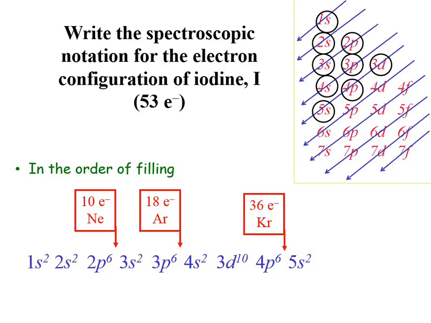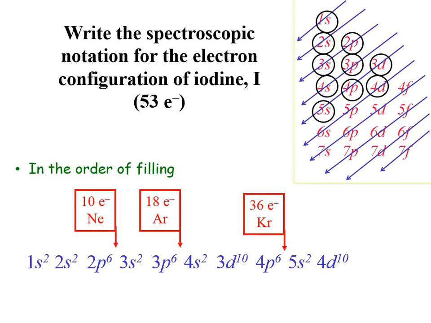4d10, yes. Very good. So now we're up to 12 plus 36, we're up to 48. We still need 5 more electrons to get to 53.